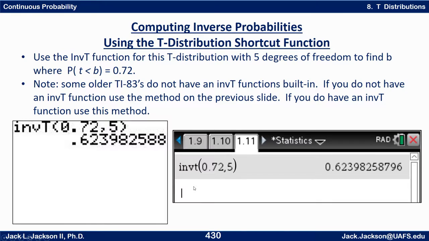But if you have the inverse T built in, just like the inverse norm, it's even easier. This is by far the best way to do it. You just type in inverse T, give it the probability to the left and the degrees of freedom, and out pops your answer. All that is built in in the background. Very nice function. It's the same way for the Inspire: inverse T, give it the probability to the left, and 5. Remember that this probability has to be to the left, a less-than probability.